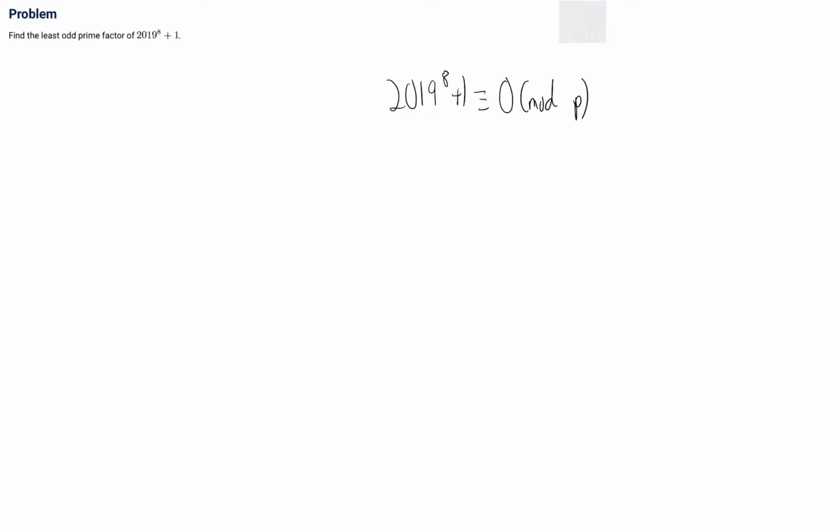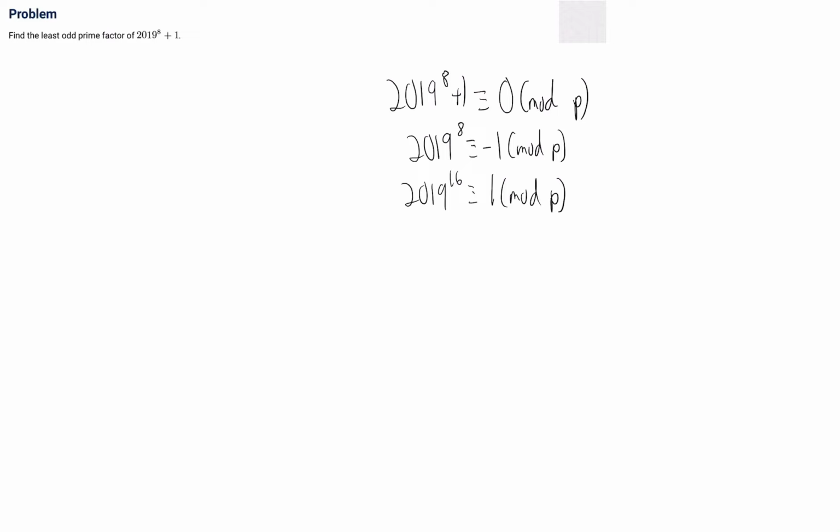This is simple modular arithmetic. Then we know that 2019 to the power of 8 is congruent to negative 1 mod p. Squaring both sides, 2019 to the 16 is congruent to 1 mod p. Therefore, the order of 2019 mod p is 16.